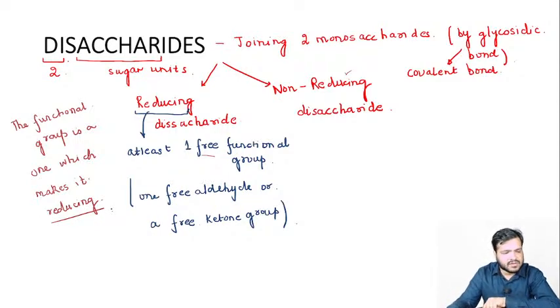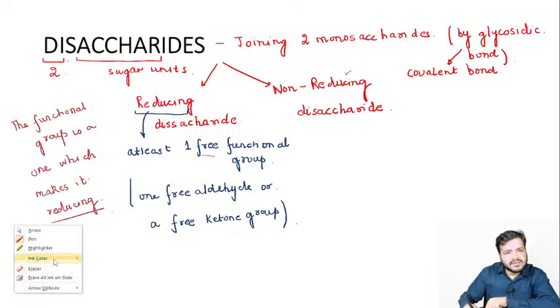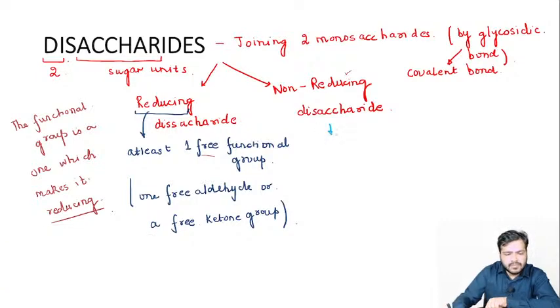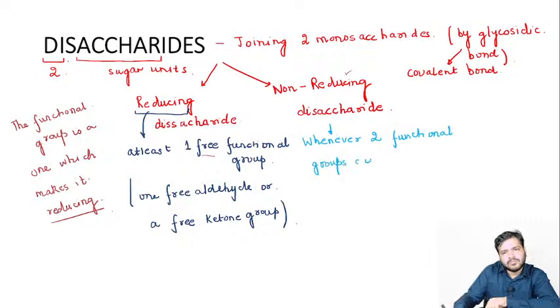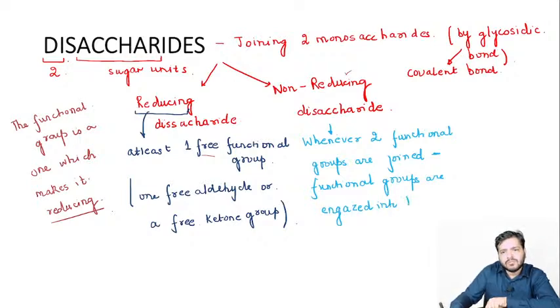Now for non-reducing disaccharides, write down that whenever two functional groups are joined, the functional groups are engaged into the linkage, and that linkage is basically called the glycosidic linkage.